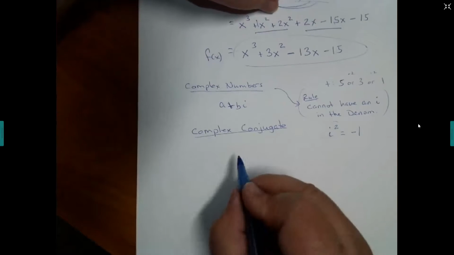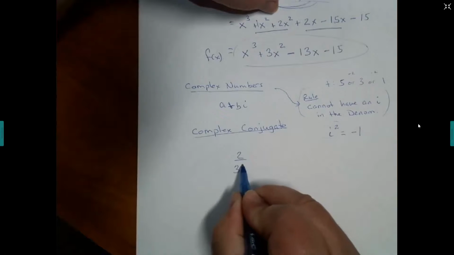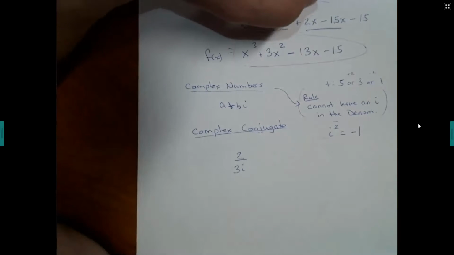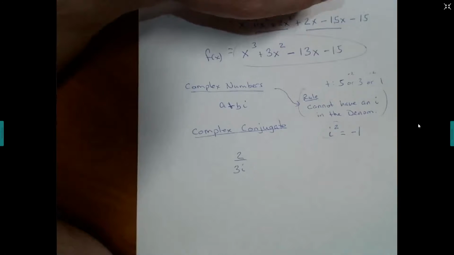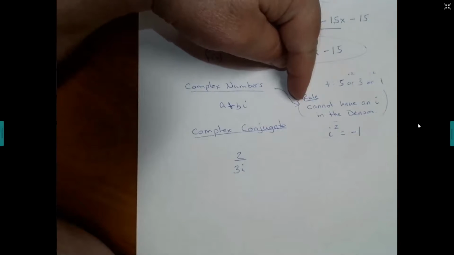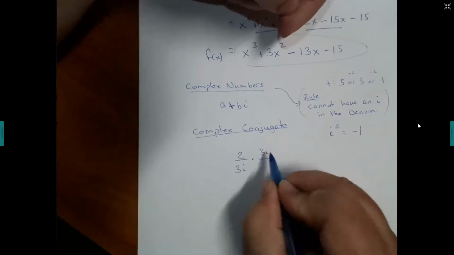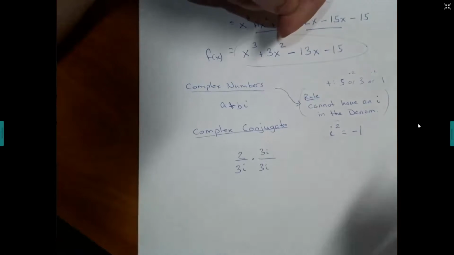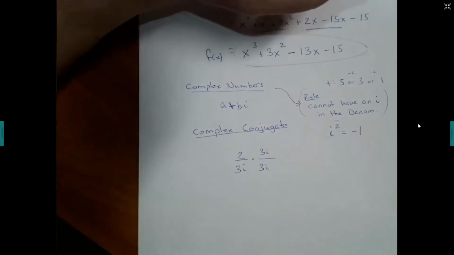So let's look at division. 2 over 3i. Because you cannot have an i on the bottom, we have to multiply the top and bottom by 3i. It's really just i, but it makes it much easier if we make 3i.